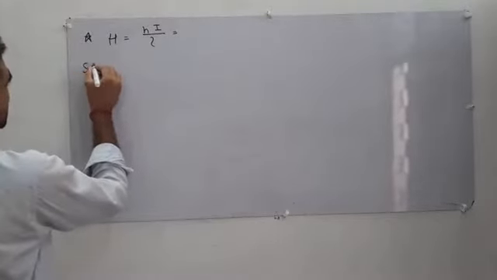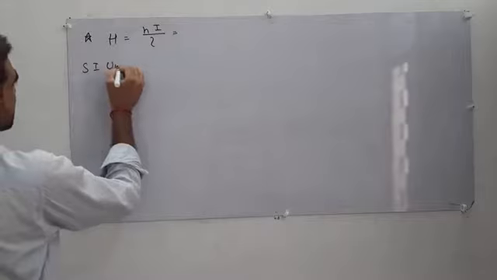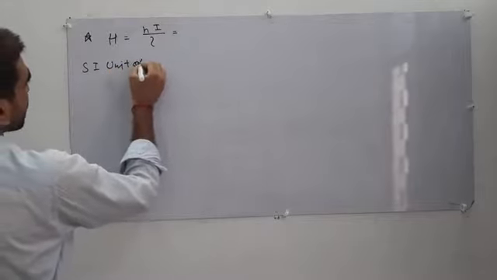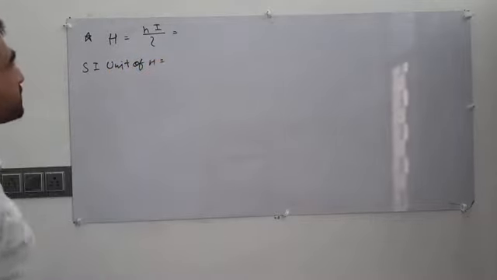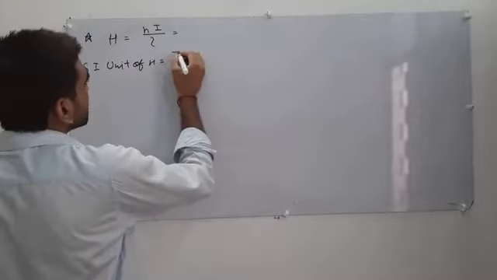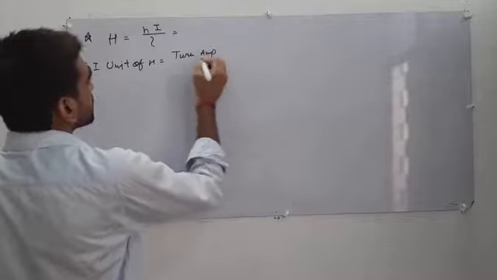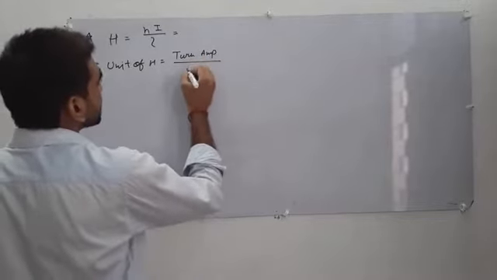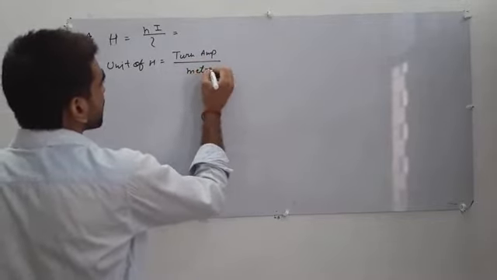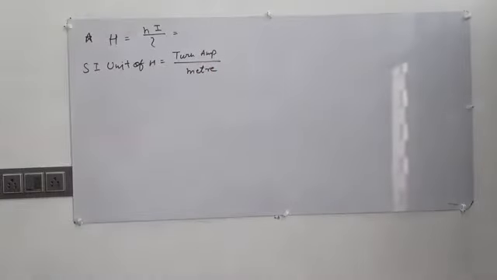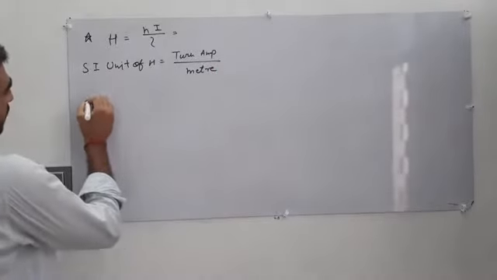So what is the SI unit of H? The SI unit of H is turn ampere per meter. And what is the dimensional formula?